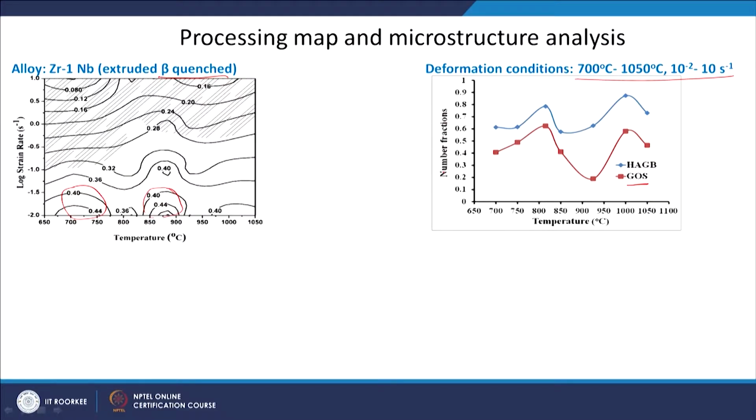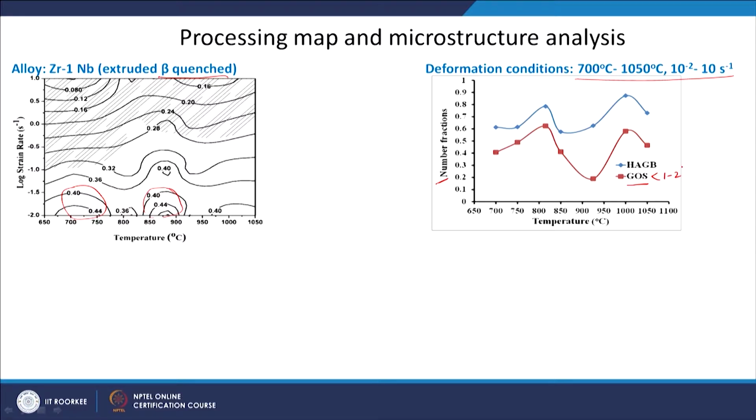Here I am not plotting the grain orientation spread value itself, what I am plotting is the fraction of grains which have a grain orientation spread less than, if I am not wrong, the criterion taken as I think 1 or 2.